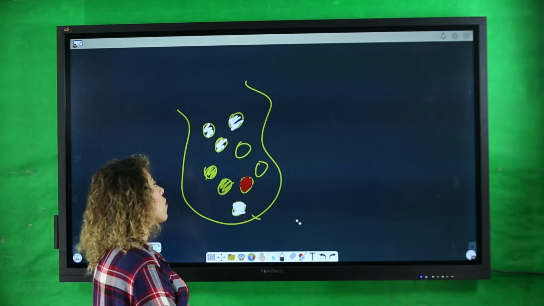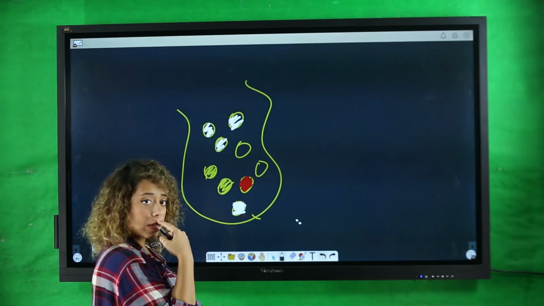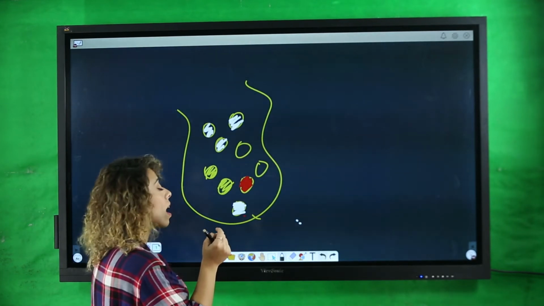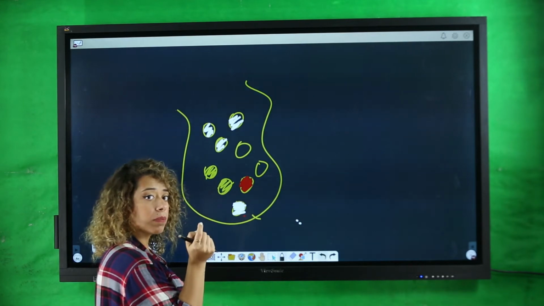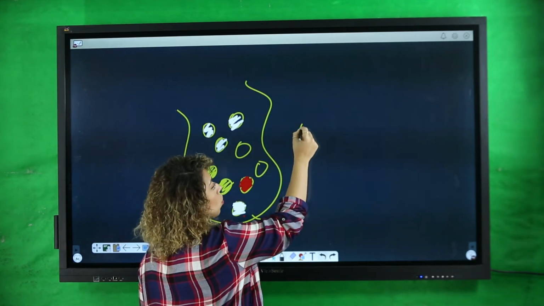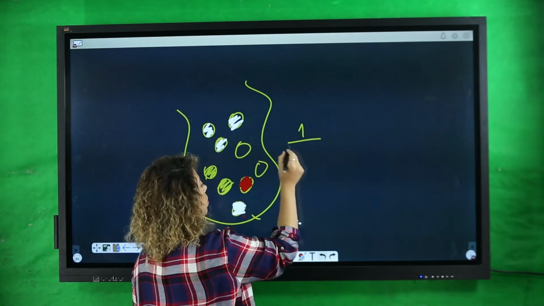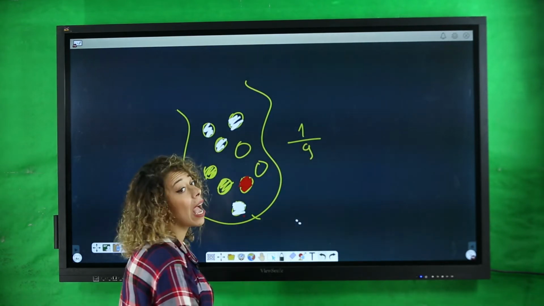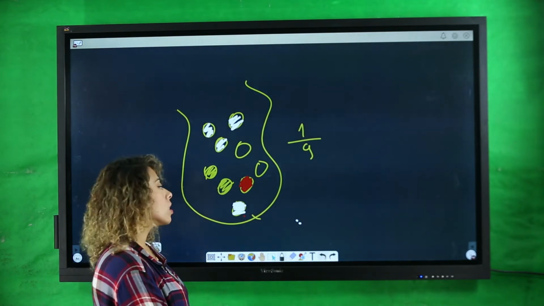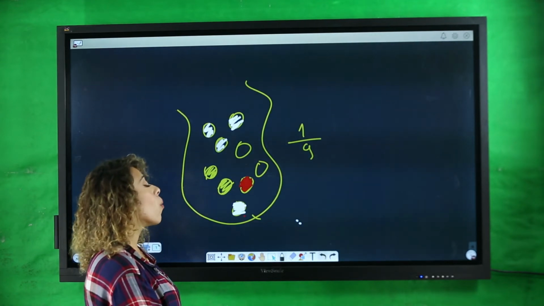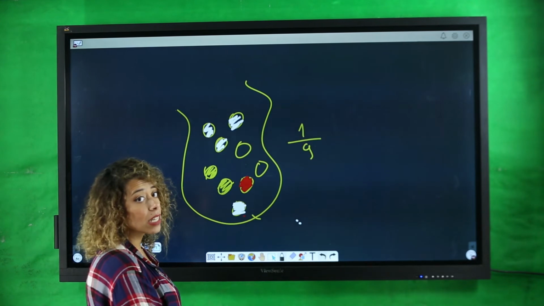So, here, if I told you, what would be the probability of picking up a red and not returning it back? It would be 1 over 1, 2, 3, 4, 5, 6, 7, 8, 9. And I'm not returning it back. What would be the probability of a white after that?